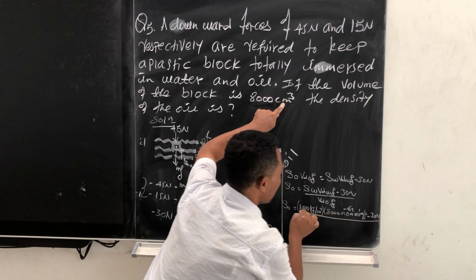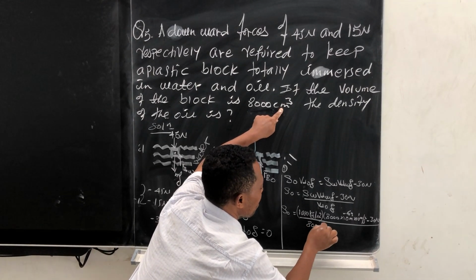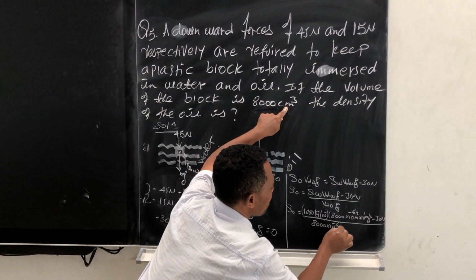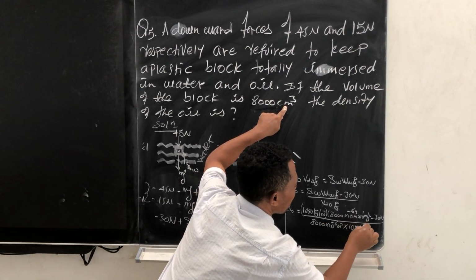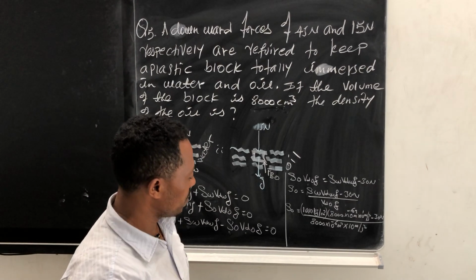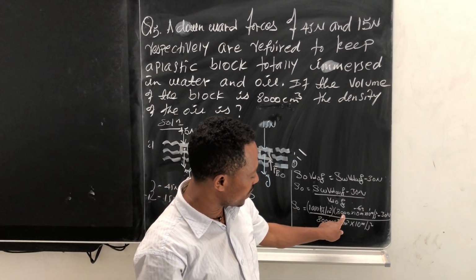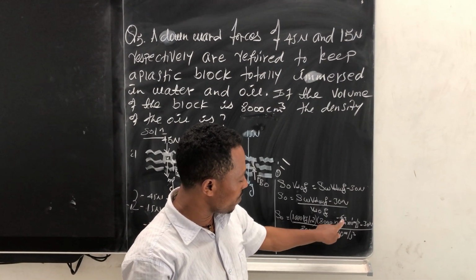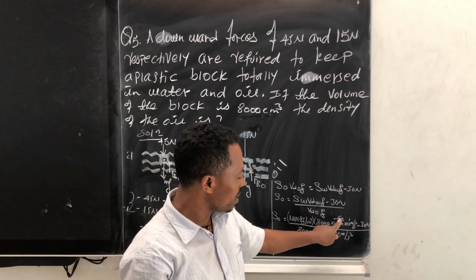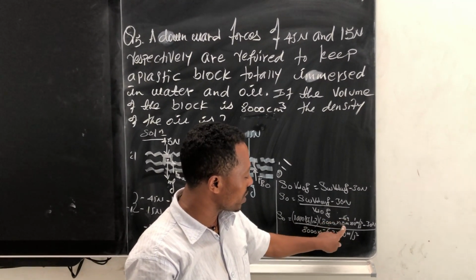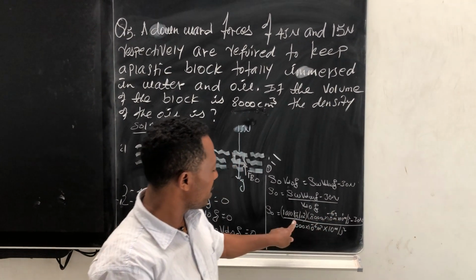And then the whole over the volume of the displaced water, 8,000 times 10 to the power of negative 6 cubic meter, times 10 meter per second squared. Very good. Look here, my dears. This means 8 times 10 to the power of 3 times 10 to the power of negative 6, which becomes 8 times 10 to the power of negative 3, and then times 10 to the power of 1, 8 times 10 to the power of negative 2.